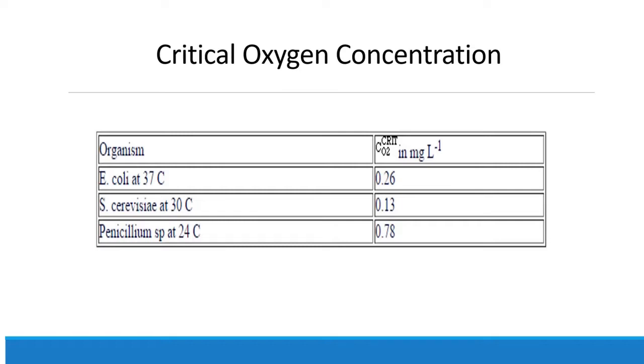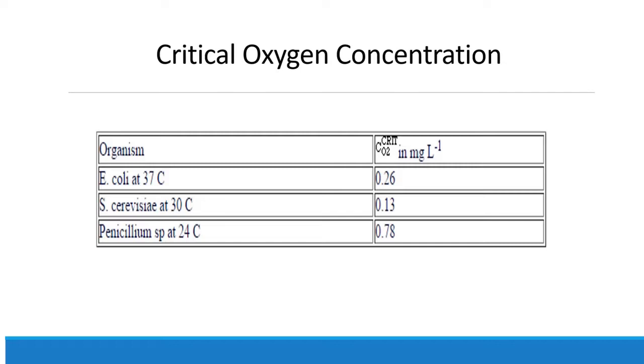For example, for E. coli, the critical oxygen concentration to be met inside the reactor is 0.26 mg per liter, for Saccharomyces cerevisiae it is 0.13 mg per liter, and for Penicillium species it is 0.78 mg per liter.